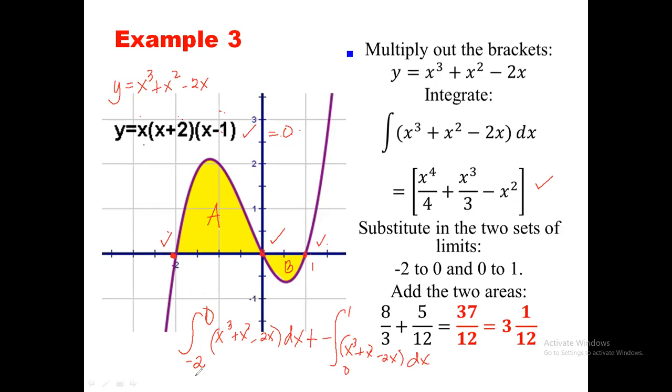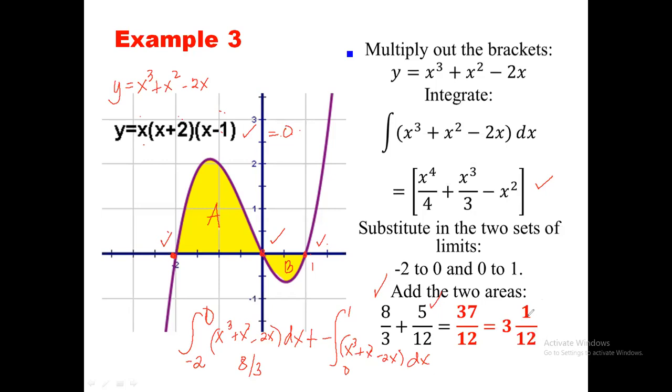It's just like you have negative 2. And then for the second term, you will have 0 to 1. So your answer for the first is 8 over 3. For this one, this is 8 over 3. For the second one, is 5 over 12. So if you add the 2, it's 37 over 12. Or that's 3 and 1 over 12.